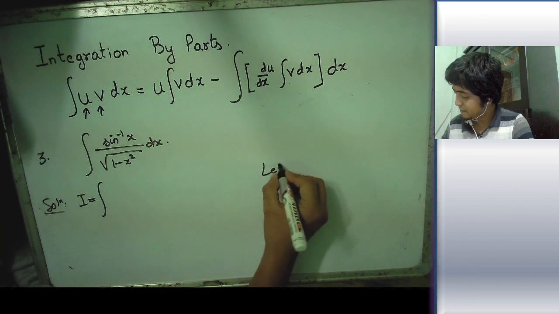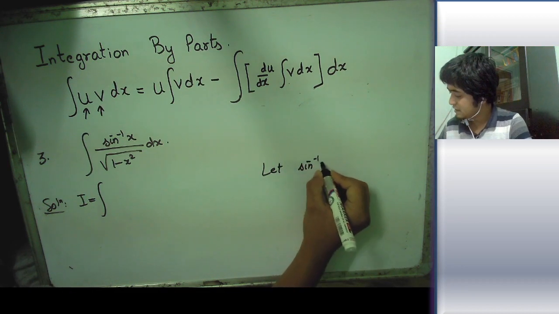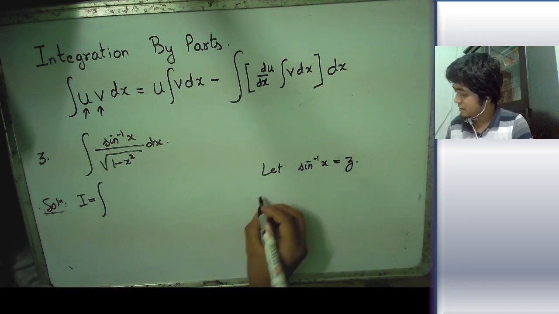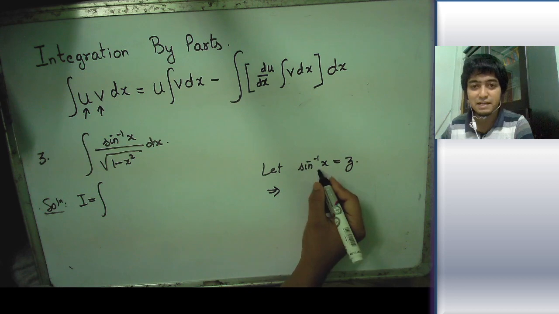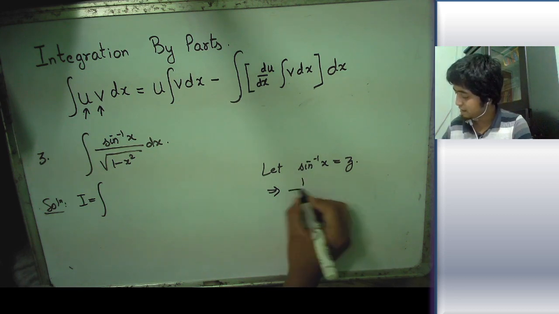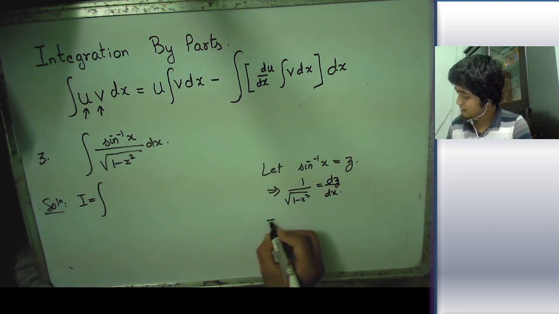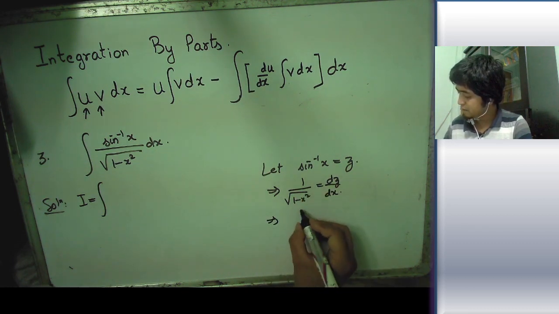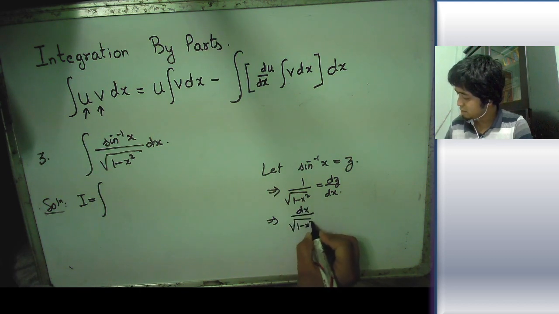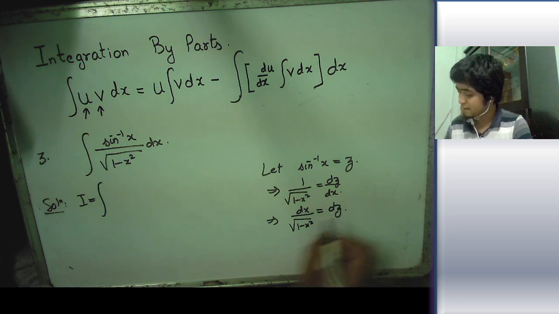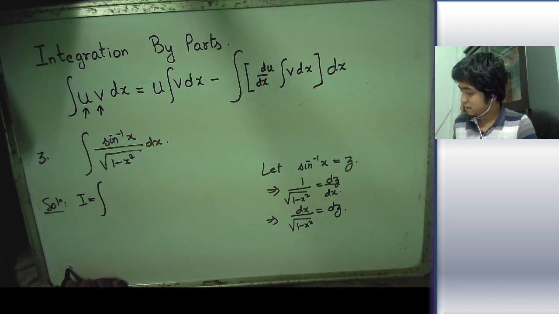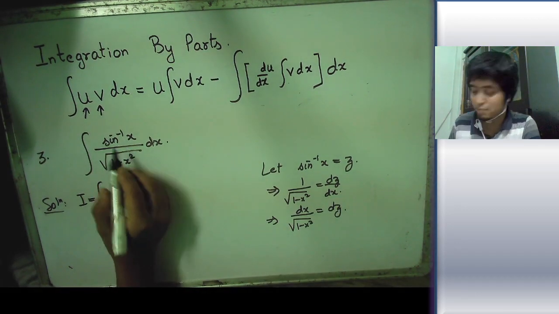Let sine inverse x equal z. If you differentiate it, you will be getting 1 over root of 1 minus x squared equal to dz dx. So you will be having that dx over root of 1 minus x squared will be equal to dz. This one is actually a very simple problem.